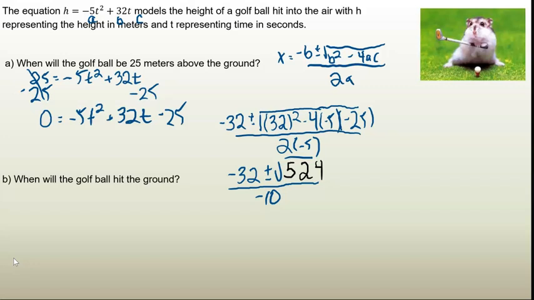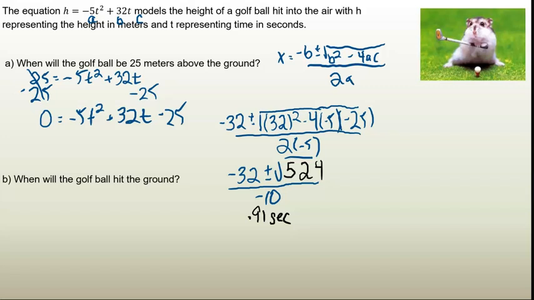If I would have gotten a negative number for the discriminant, that means that the object, I should say, or in this case the golf ball, would not have reached 25 meters.